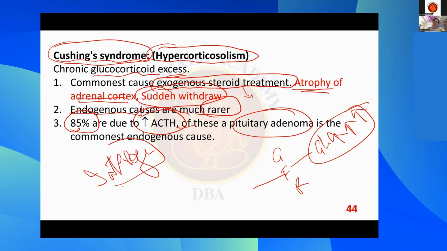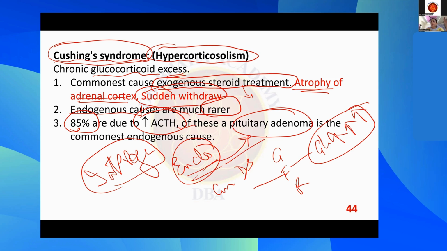So after iatrogenic, if somebody asks you the most common cause of endogenous Cushing's, it is Cushing's disease, that is pituitary adenoma. Most common cause of Cushing's, iatrogenic. Most common cause of endogenous Cushing's, pituitary adenoma, known as Cushing's disease.